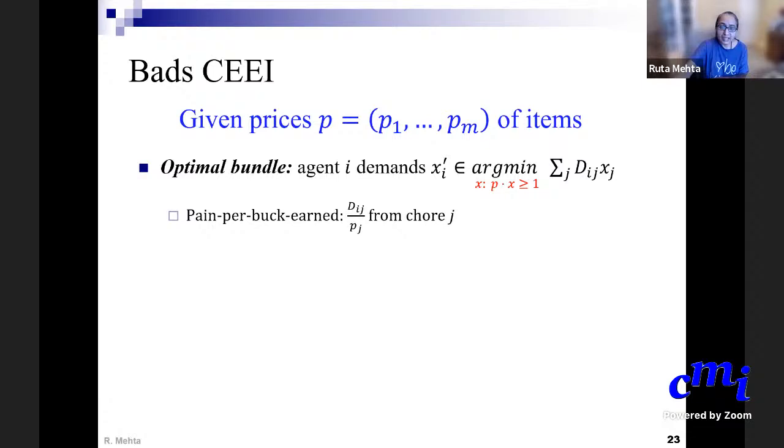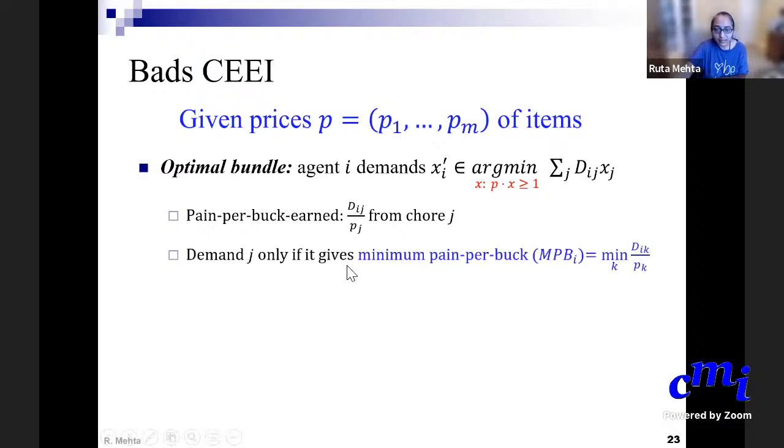So Dij by Pj is the pain per rupee that agent i incurs from chore j, right? Now the agent doesn't have any restriction on what they can consume and what they cannot consume. Okay, so they are only going to try and consume the ones that give them minimum pain per rupee earned, right? So minimum pain per buck, only those chores, right?